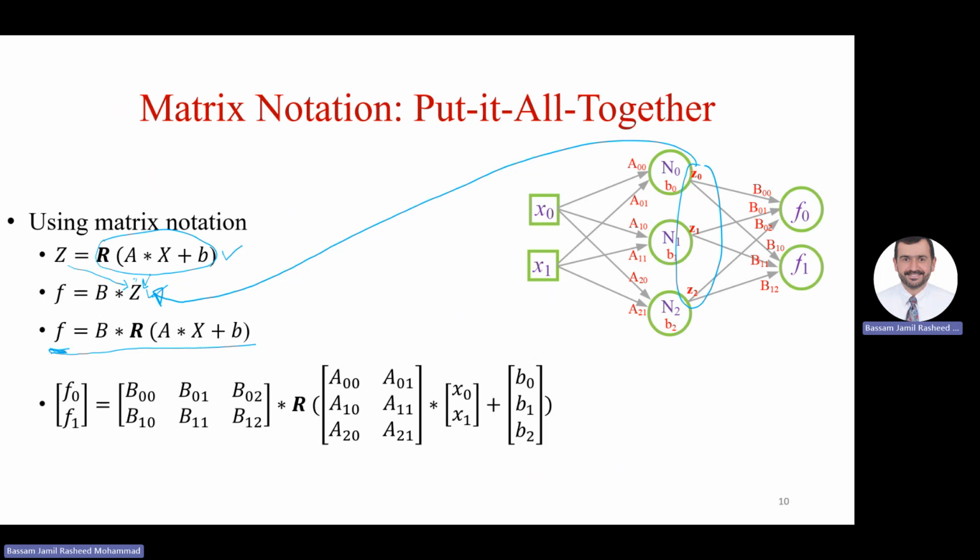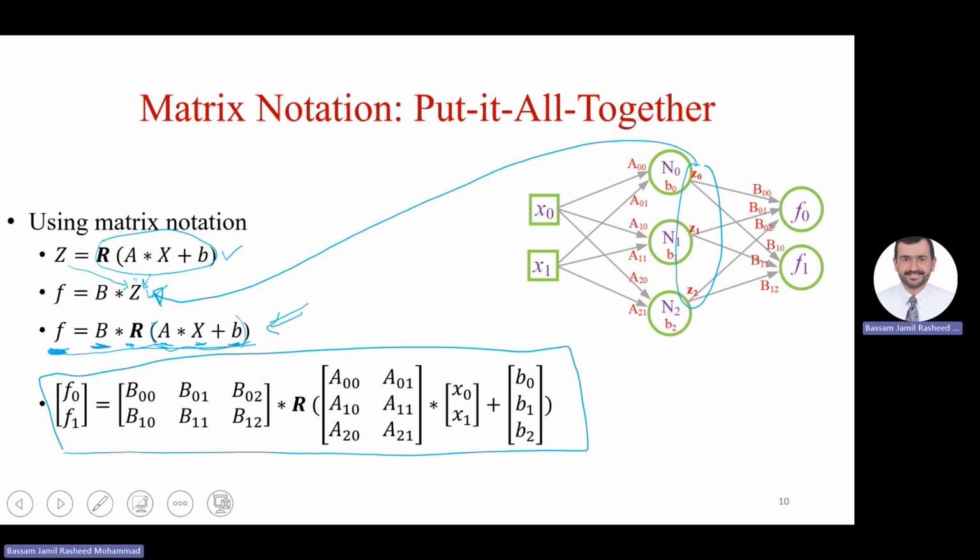So the matrix of the output equals the B matrix multiplied by the output of ReLU, and inside this ReLU I multiply the A matrix times the input vector plus the bias vector. This is the full math that I do for it, and you can see the mapping here.